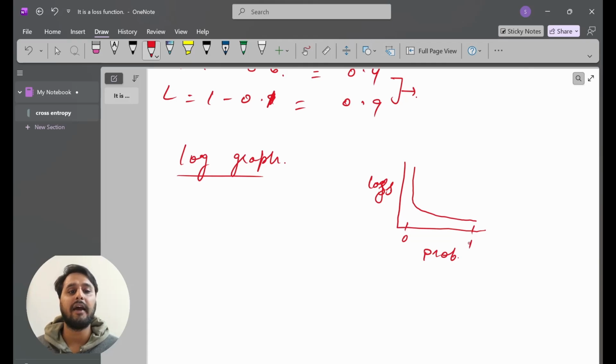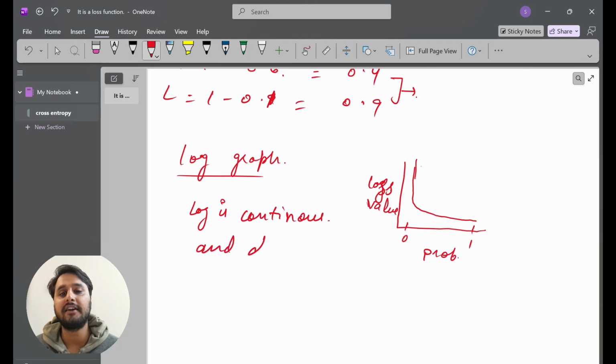At probability 1 the loss is at its minimum, but when the probability goes near 0, the loss value increases. You can see in this curve, at this point the loss value is very high when the probability is closer to 0.